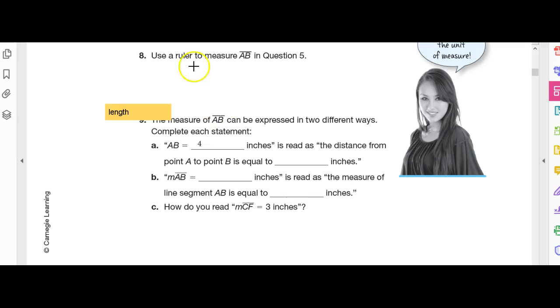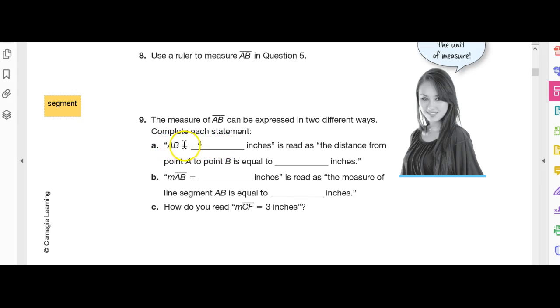So when I use this mark right here, that means I am talking about the object, which is the segment itself. When I take away that mark, that means I'm not talking about the object anymore. Now I'm talking about the property of the object, which is the length.